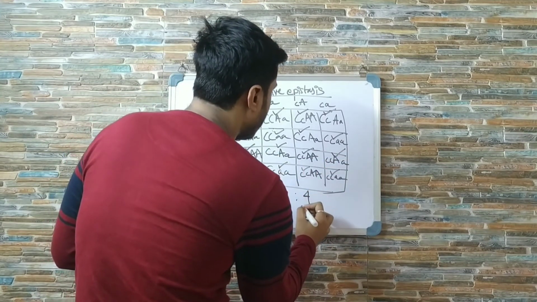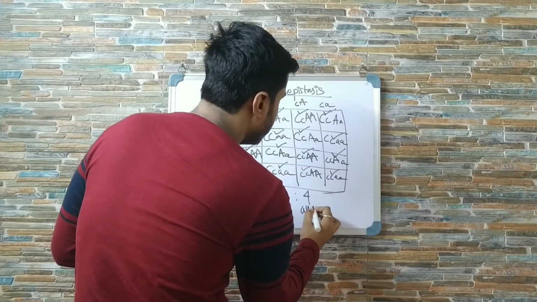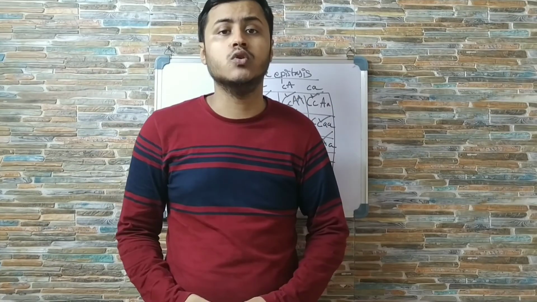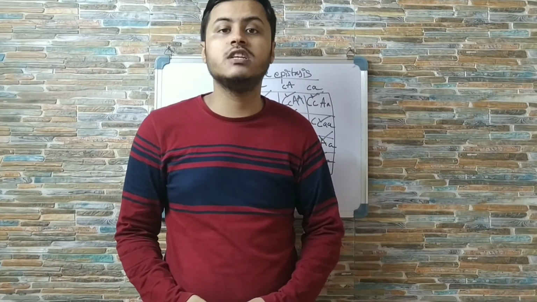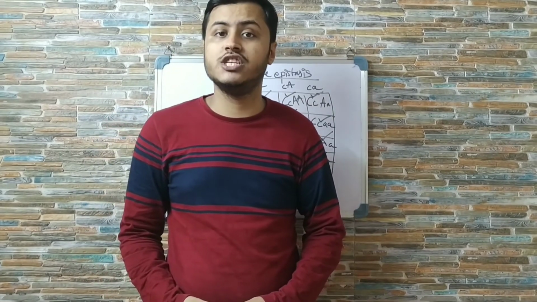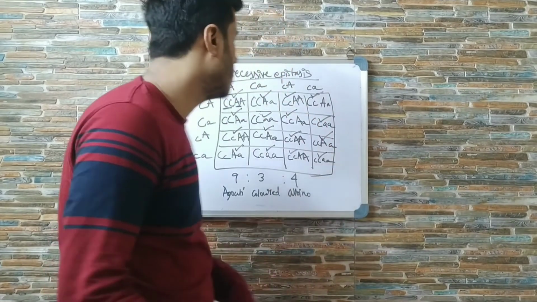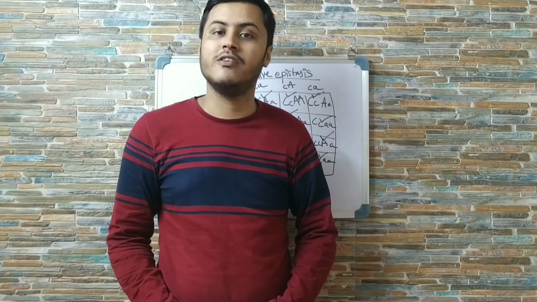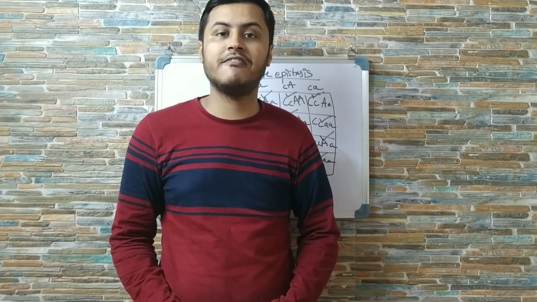So, there are 4 albino mice. Now, similarly, here also, the phenotypic ratio of the dihybrid cross has changed from 9:3:3:1 to 9:3:4.